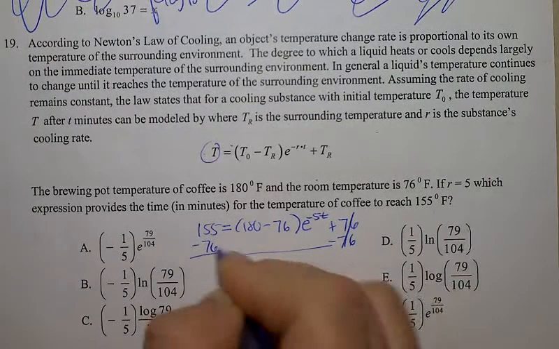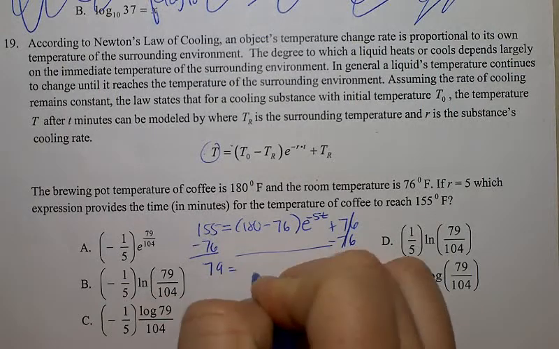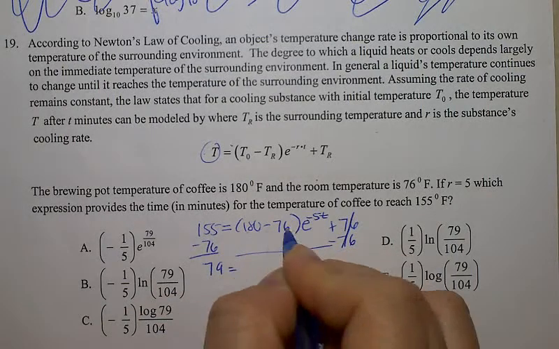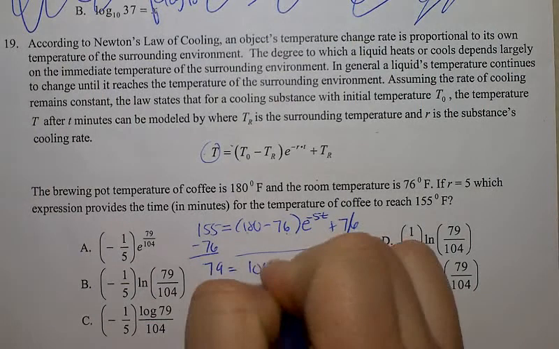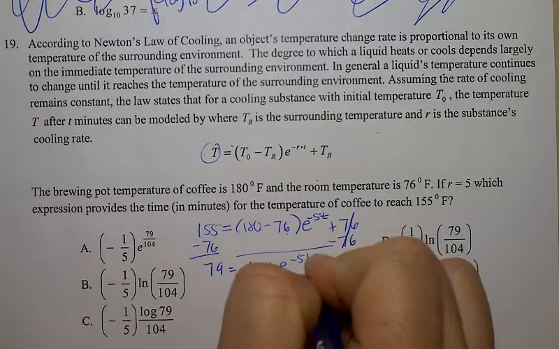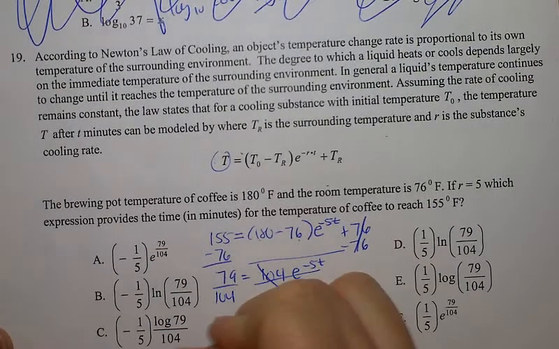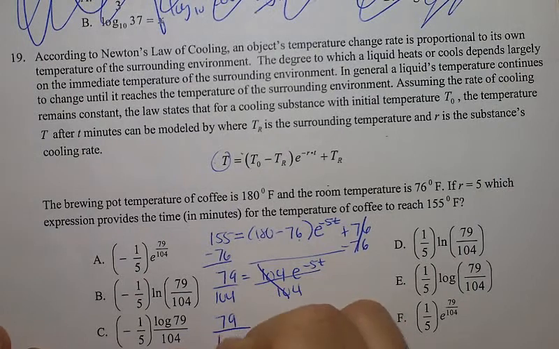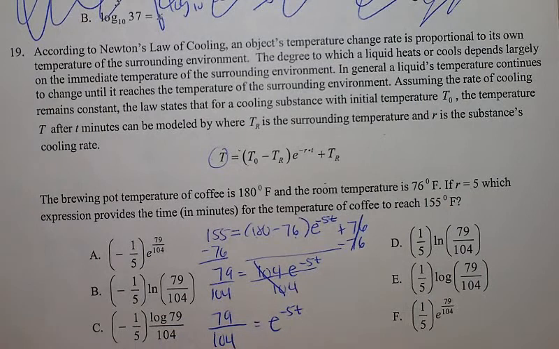And 155 subtract 76 is 79. Okay, and 180 subtract 76 is 104. And divide by 104, divide by 104. So I have 79 over 104 equals e raised to negative 5t.